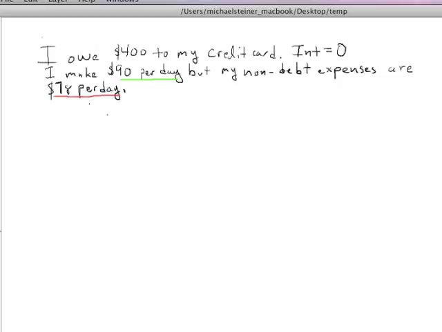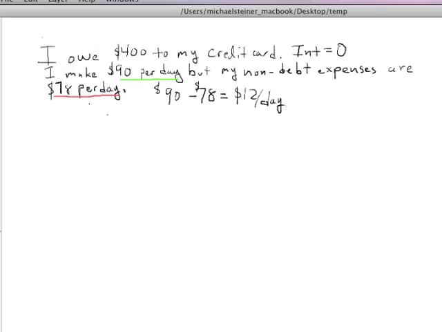So on net, if I'm taking in 90 and I have to pay out 78, every day I have $12 to pay down that debt. This is $12 per day that I get. Per is going to be a very, very common word to use when we talk about any of these linear applications.